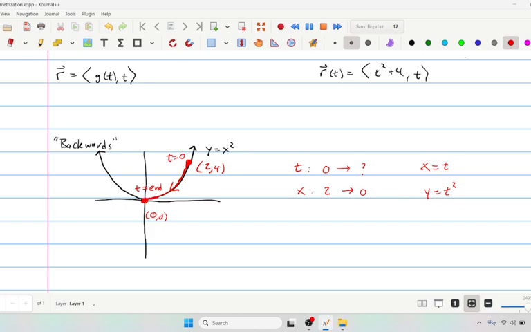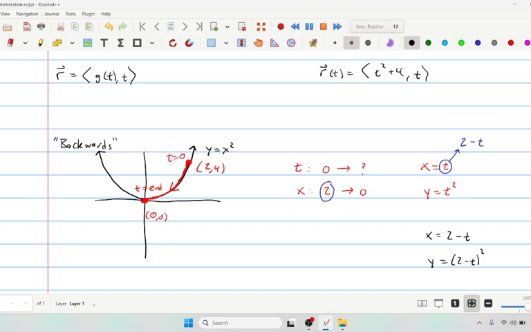So what we'll do here is replace all of our t's with, well, we want this to start at 2. So we'll make this 2 minus t. This way we're going to have x equals 2 minus t. And if we plug this into the y curve, we get y equals 2 minus t squared. Now the question is, where should this end?